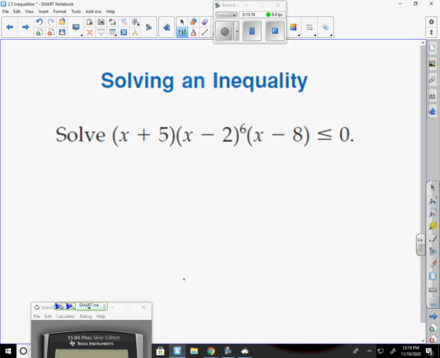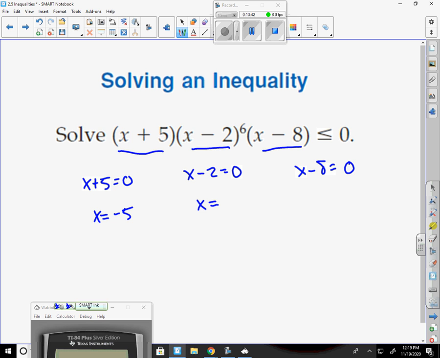Do you know how? You just take each portion of this and set it equal to 0. x plus 5 equals 0, x minus 2 equals 0, and x minus 8 equals 0. It gives me x equals negative 5, x equals 2, and x equals 8.